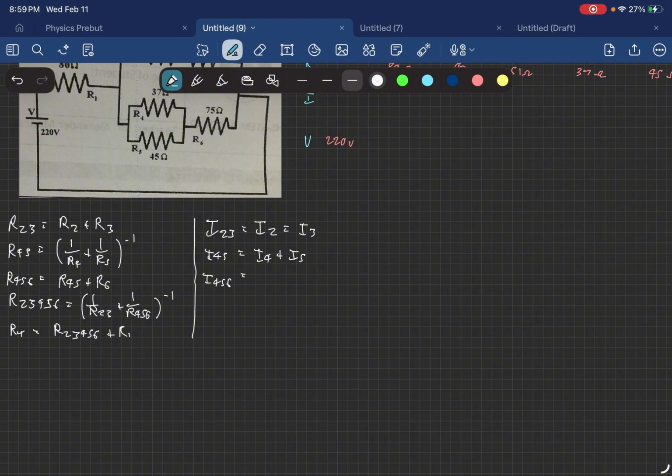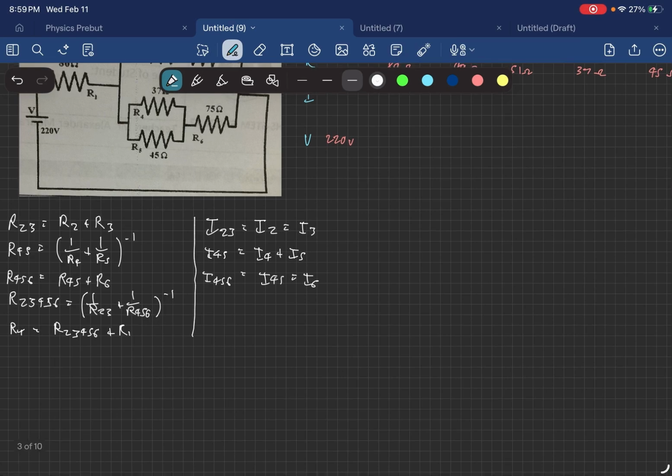I456 is equal to I45 equals I6, because it's in series. I23456 is equal to I23 plus I456. And our I total is equal to I23456, which is equal to I1.